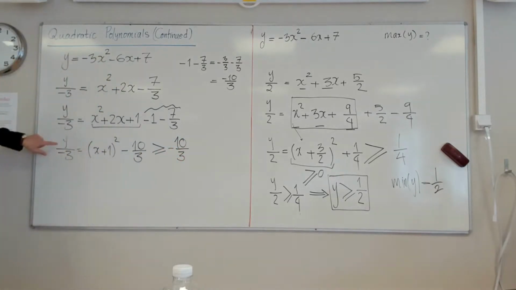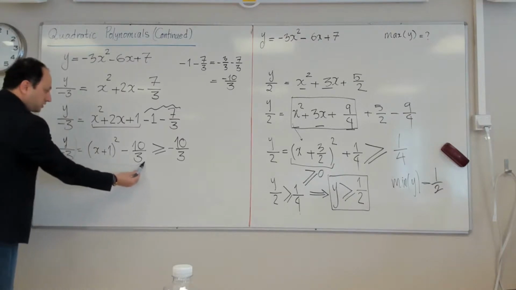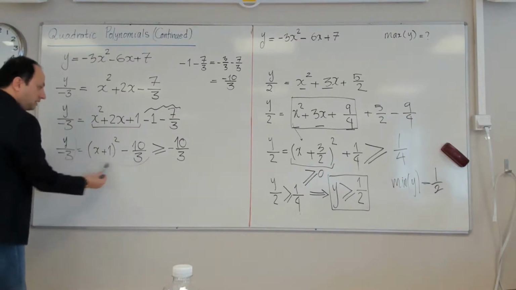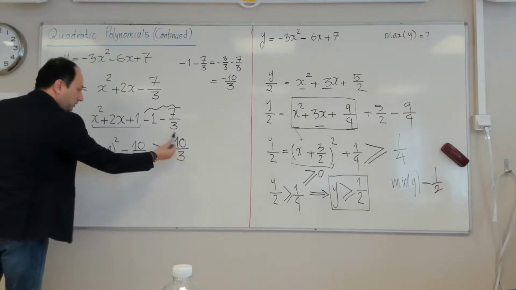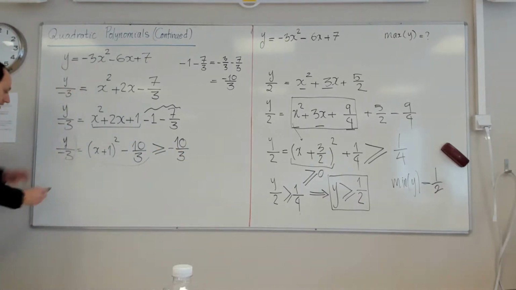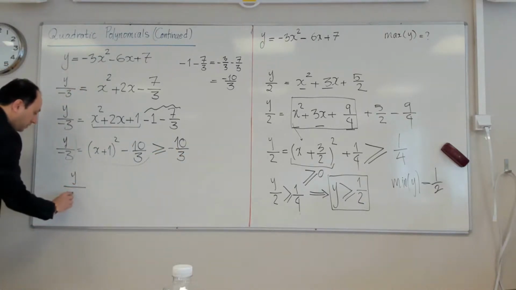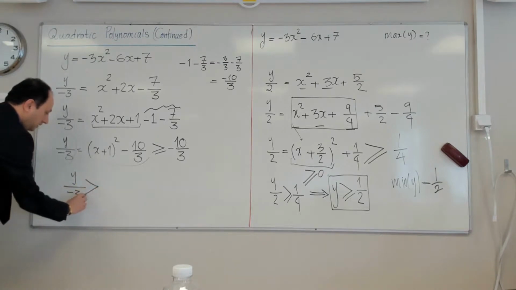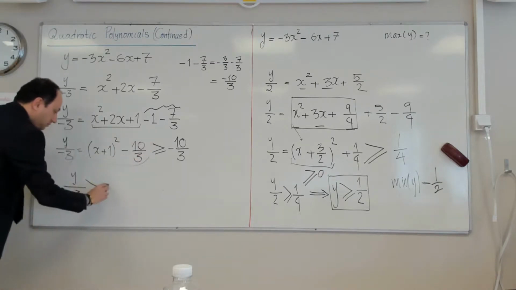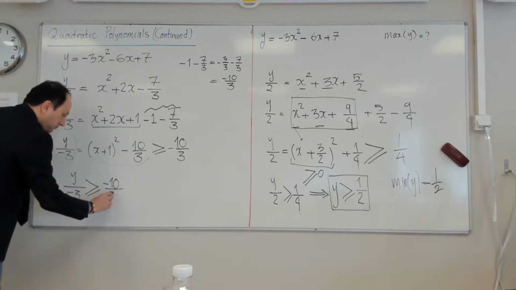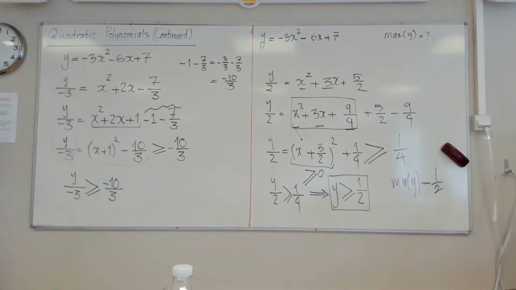Now let me show this back to you. This is y over minus 3. So let me bring this information down. Y over minus 3 is equal to this expression, and this expression is greater than or equal to this number. So this means that y divided by minus 3 is greater than or equal to that number. Yes?